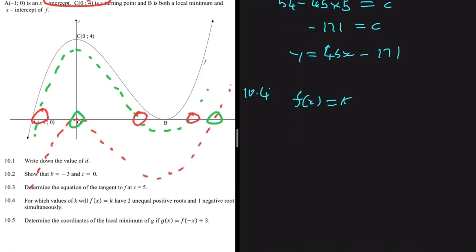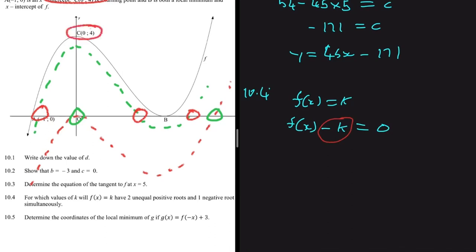So we have f of x is equals to k, right? And then at the roots, the equation should be equals to 0, right? So what we can do here, we can say f of x minus k is equals to 0. So minus k is what is shifting our graph. K is shifting our graph at certain units up or down, right? So let me show you something.